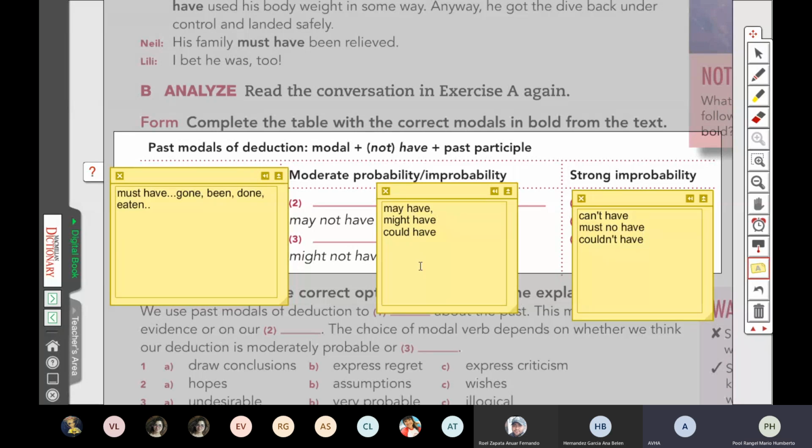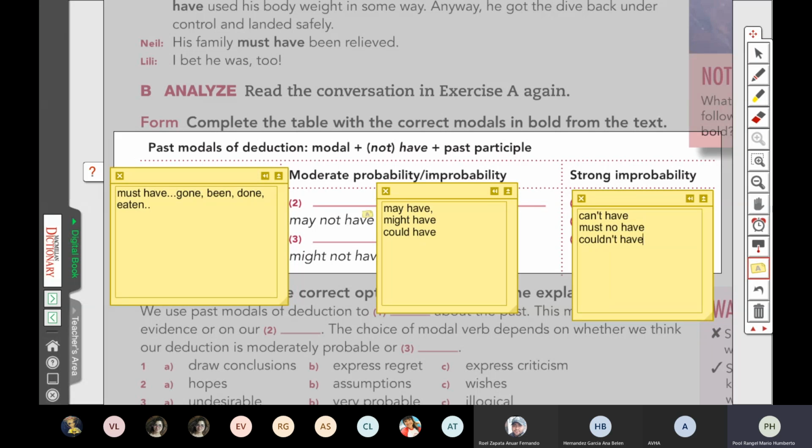Es que en realidad, cuando los usamos may, might y could, tienen su cierto grado de posibilidad, o sea, son diferentes. Could es más arriba, luego sigue may y luego bajito sigue might. ¿Sí? Pero el libro en sí no lo maneja como tal.